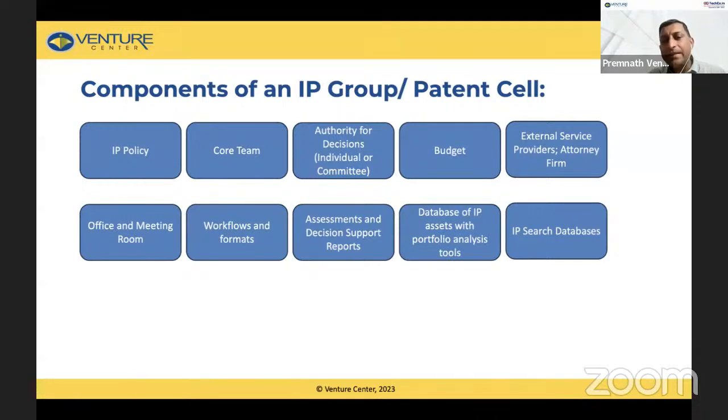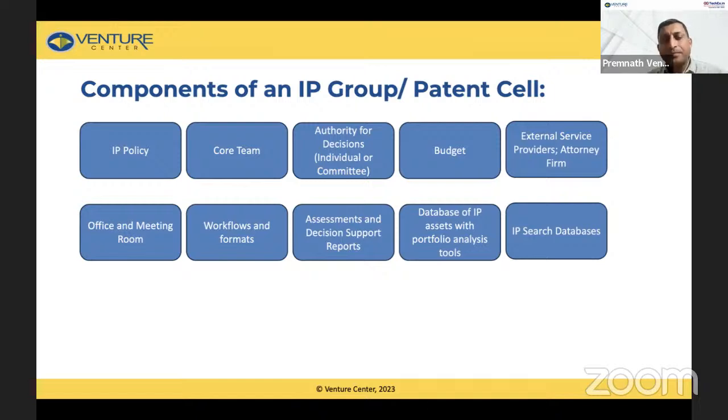The IP policy sets out the guiding principles of the organization and why IP is important to them. It sets out the ownership principles. It sets out the exploitation principles as well, in terms of how it can be exploited and so forth. And it may also have some other aspects, which sometimes may be in a guidelines document and not a policy document.